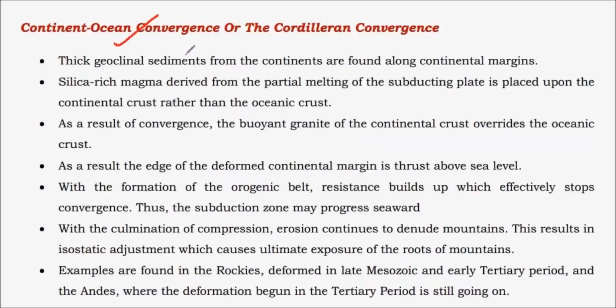The next one is continent-ocean convergence, which is also called Cordilleran convergence. This is because the Western Cordilleran mountains, which are part of North America, were formed due to this kind of convergence. Here, an oceanic plate which is quite dense plunges below a continental plate which is comparatively less dense, giving rise to the upthrusting of the continental plate.